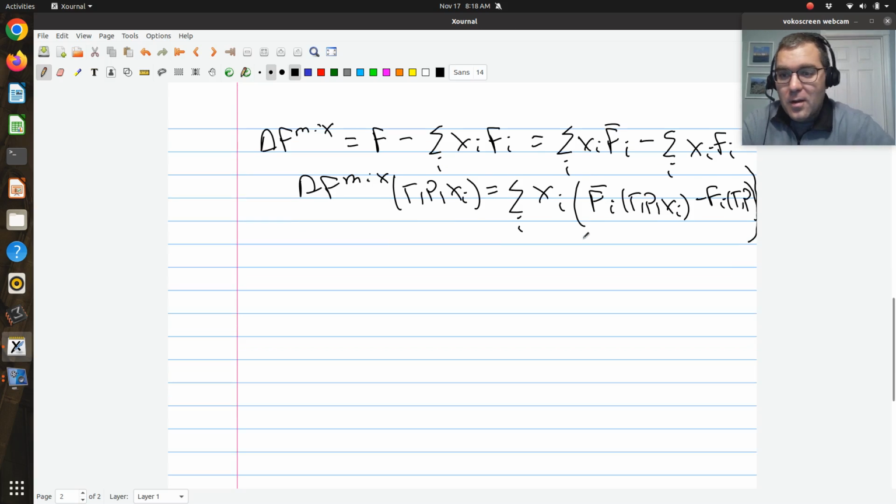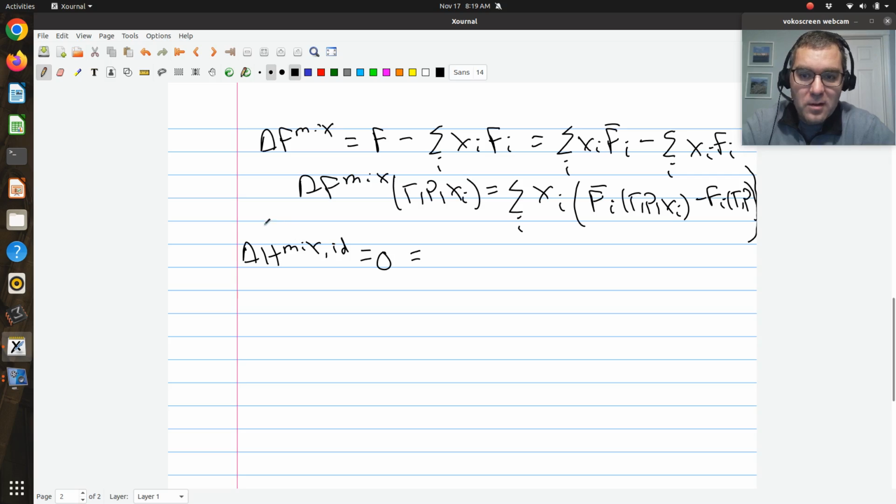All right. So if I think about this matching then, let's look at H. If I look at, say, delta H of mixing of an ideal solution, that's equal to 0. And my property change upon mixing for an ideal solution must be consistent with the general case. So that's going to be equivalent to sum over i of x_i times h bar_i minus h_i.